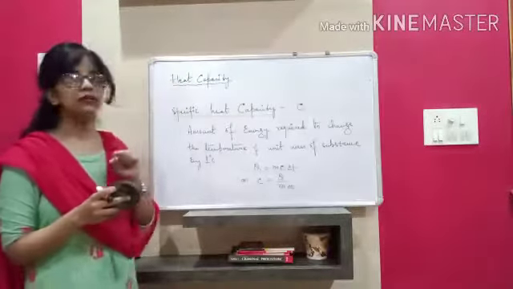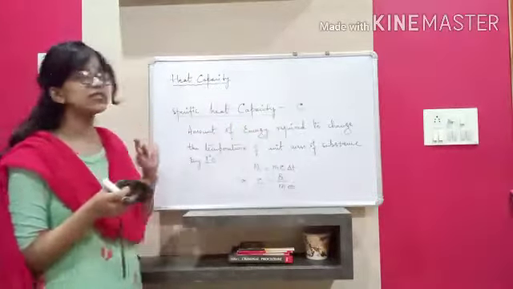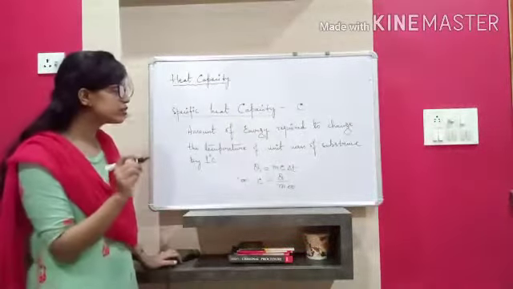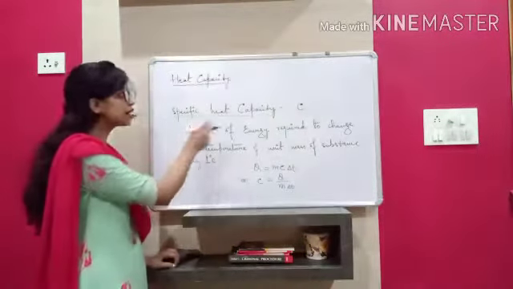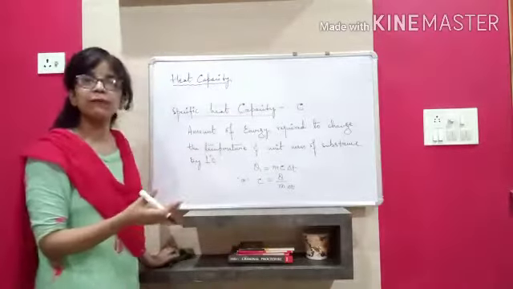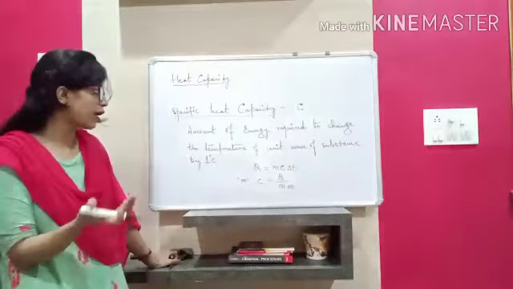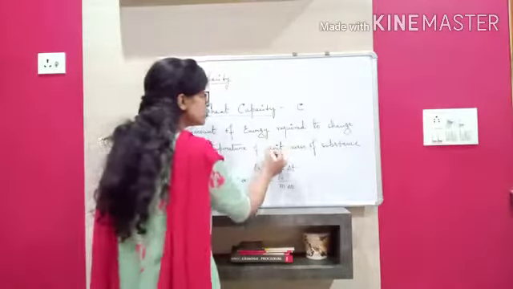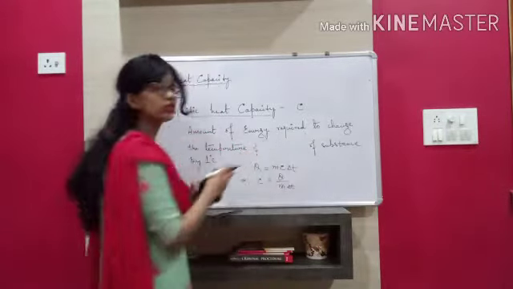Now the next term is heat capacity. It is specific heat capacity and the other one is heat capacity. Here, in heat capacity, we will change the temperature by 1 degree Celsius and we will be calculating the heat required, but we will not take the unit mass. Instead, we will take the whole body. We'll talk about the whole body.